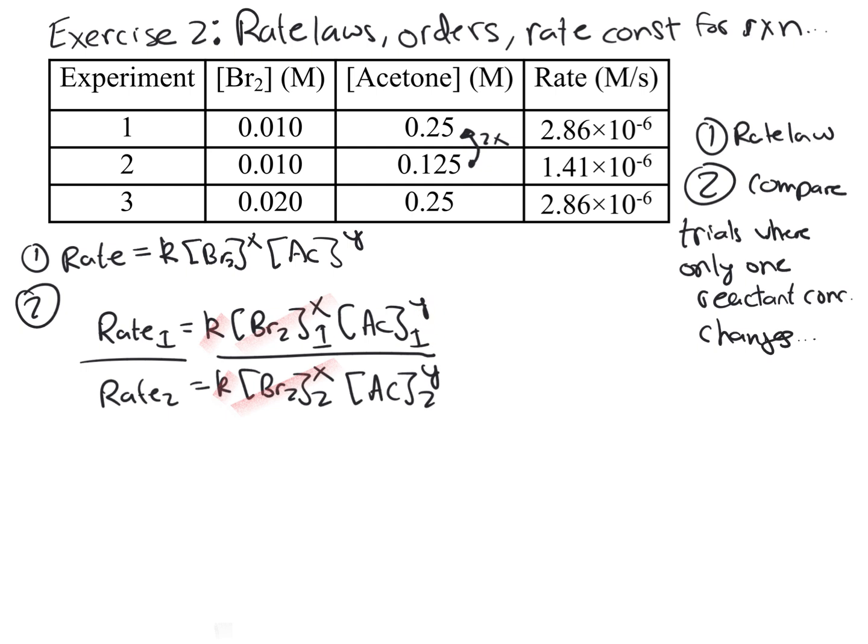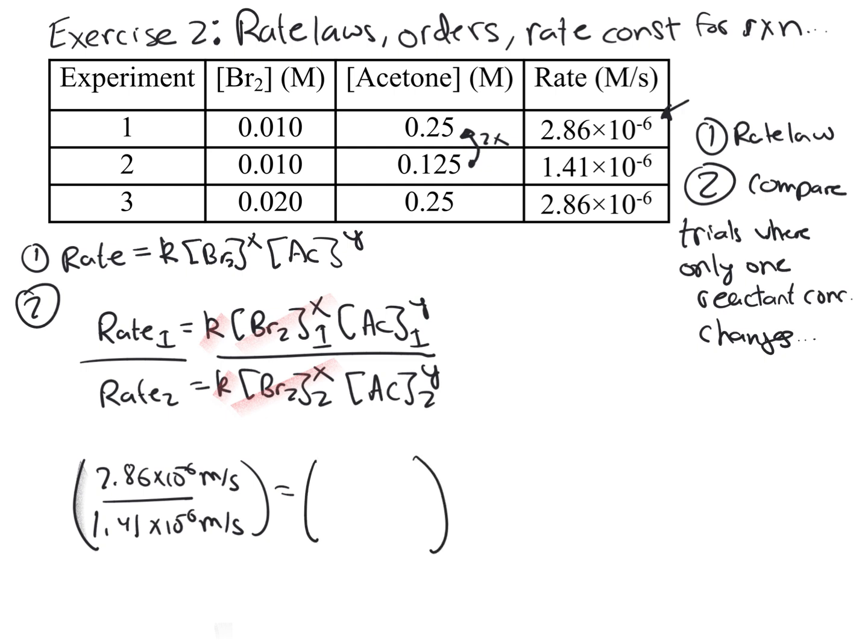So again, just to show what that looks like, on the left-hand side there, I'm going to take the rate in trial 1. The rate is in that rate column, so 2.86 times 10 to the minus 6 molar per second over 1.41 times 10 to the minus 6 molar per second is equal to, all this stuff dropped out, and remember when we have these two things that both have a y in the exponent, we can move the exponent outside of the division.